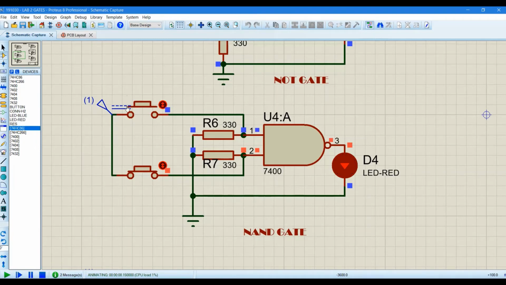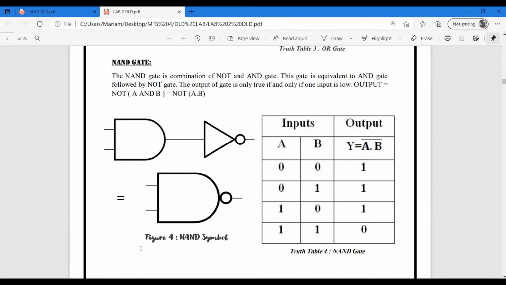But when one switch is off, the LED gets on. Similarly, when both are off, the LED is on, as shown by its truth table.